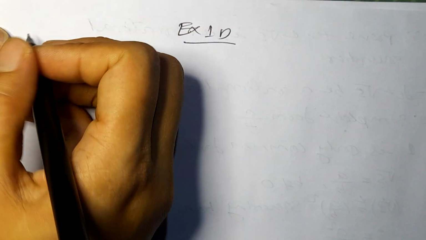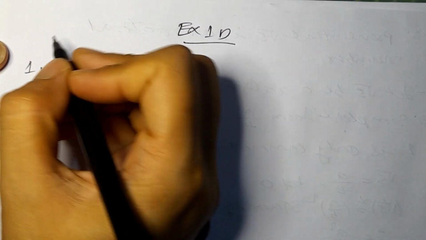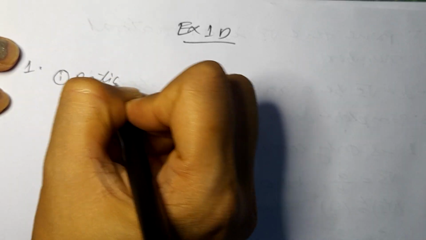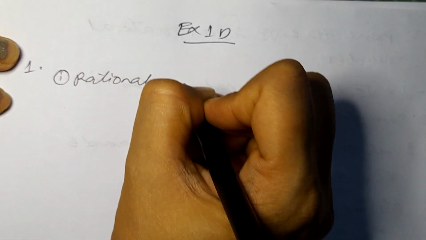This is exercise 1D. Question number 1, Roman numeral 1, that is a rational number.